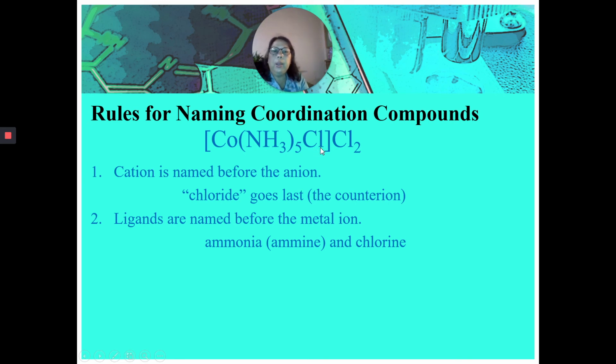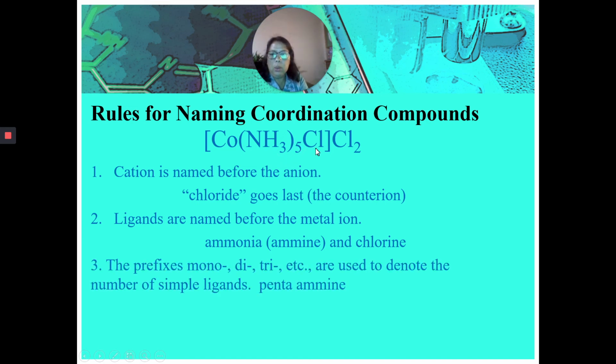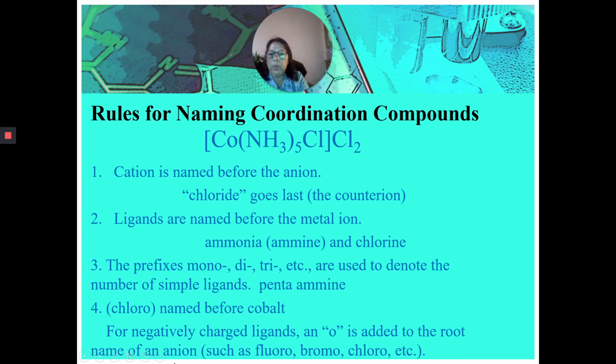This should end with O. So we remove the ending "-ine" and replace it with O. So this will be pentaamine chloro. Oh, where's that? We are here now. I'm sorry for that. So we have here already the step.